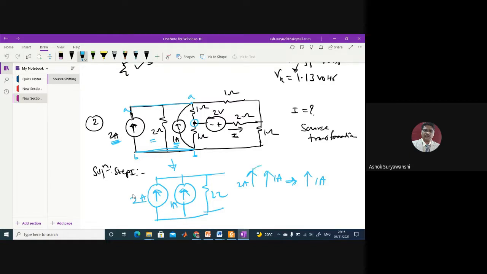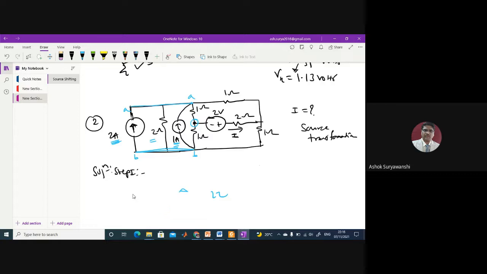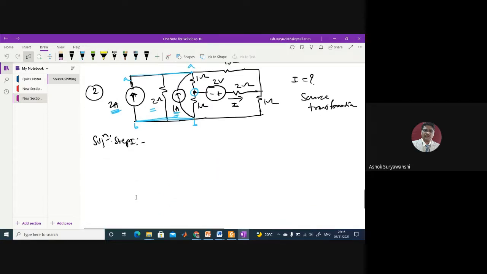So they are coming together, so it will be 3 ampere. This current simplification, like addition and subtraction, I told you in the beginning, is a very important basic circuit simplification technique. Let us go a little fast because this video is becoming lengthy.